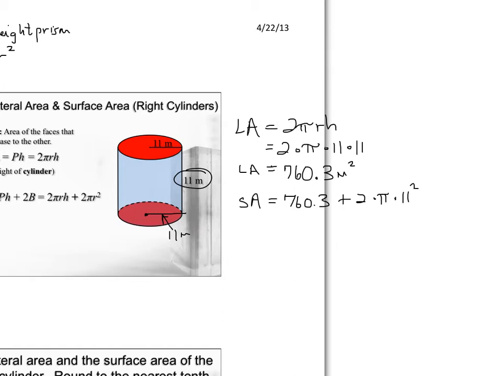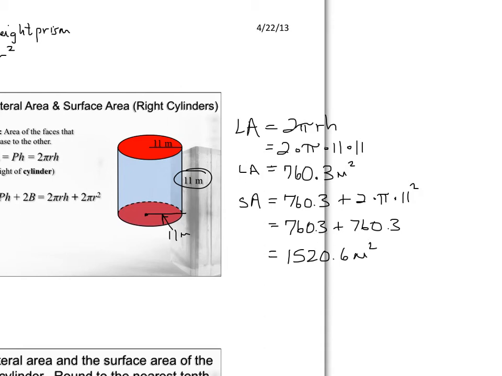If I take 2 times pi times 11 squared on my calculator, I end up with 760.3 as well. So when I add those two together, I end up with 1,520.6 meters squared.